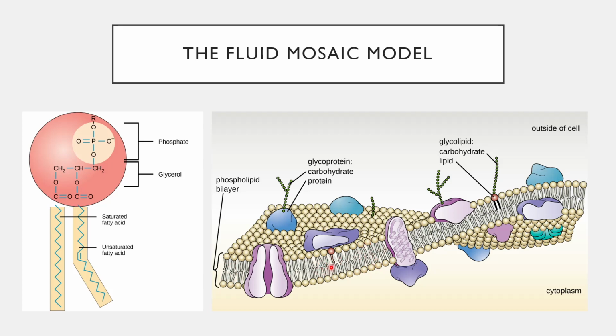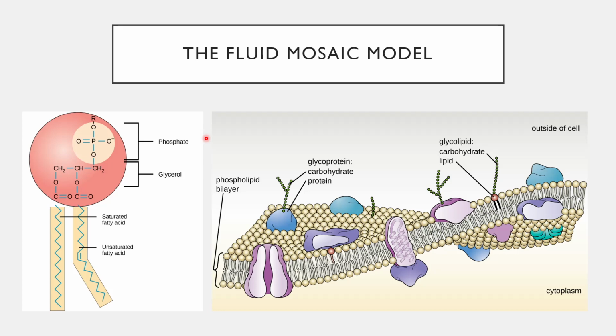We call this model of the cell membrane the fluid mosaic model because it indicates the flexibility of the cell membrane and the ability of these embedded proteins to move and shift around fluidly through these layers of phospholipids that are facing each other.